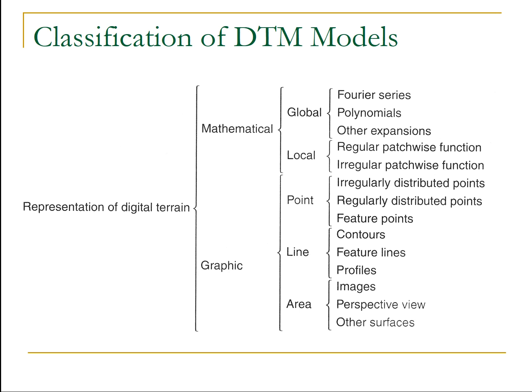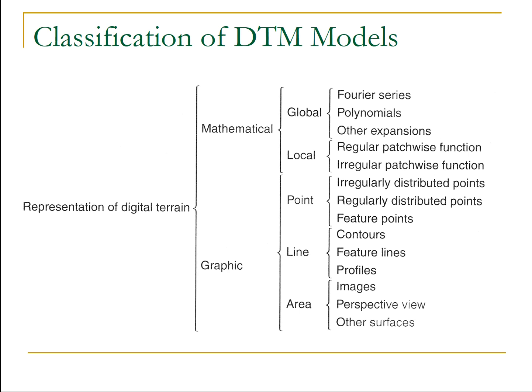But then we have polynomials, and we are definitely going to be focusing a lot on polynomials. So bring out those least squares adjustments, and we're going to be working with those. Other expansions we're not going to take a look at too much, but there are many other ways that we can do global modeling. And then local modeling, we're going to do both regular patchwise and irregular patchwise.